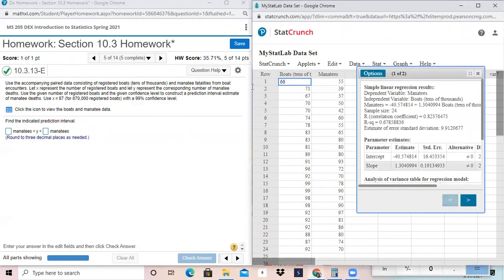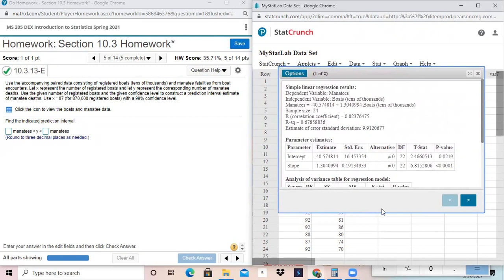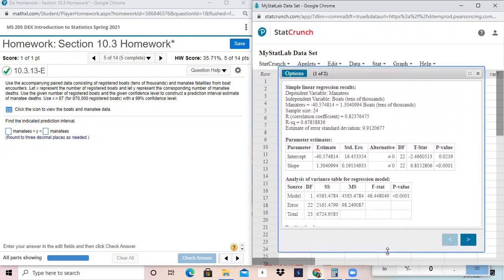So let's go back to the other page. I'm going to open this up a little bit so we can see more of what's going on. This has got all kinds of information. Here's our regression equation up here, our sample size. This is R squared.